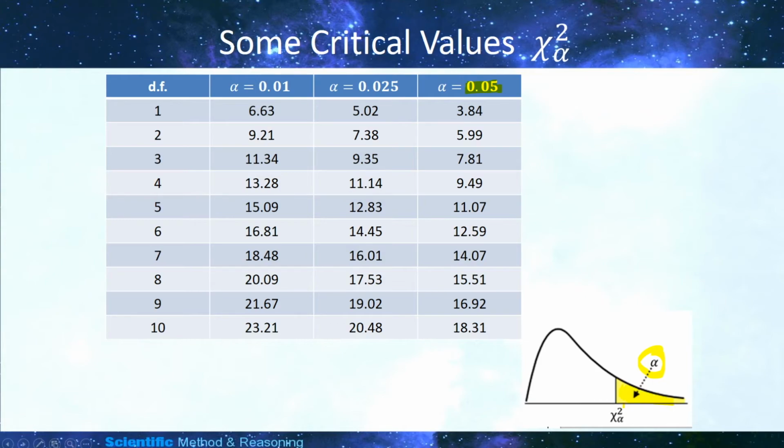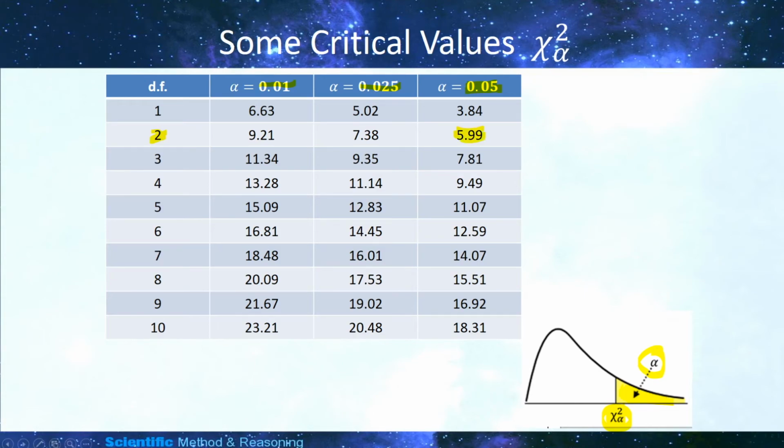How do we determine the critical value? As a summary, I simply tabulate the first 10 degrees of freedom for several alpha values, namely 0.01, 0.025, and 0.05. In our last example, if we fix alpha equals 0.05 and degrees of freedom equals 2, then the critical value is 5.99.